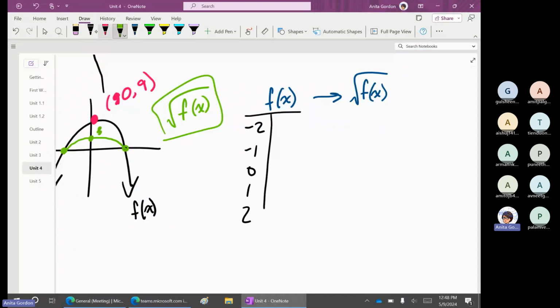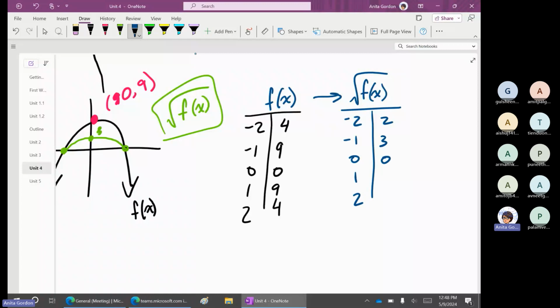Let's say your y values are 4, 9, 0, 9, 4. Doesn't really matter. When I square root it, my x values don't change, but my y values become square roots: 2, 3, 0, 3, 2.